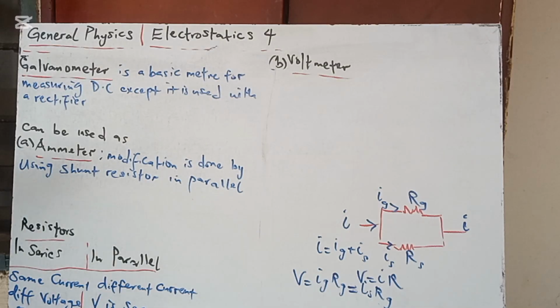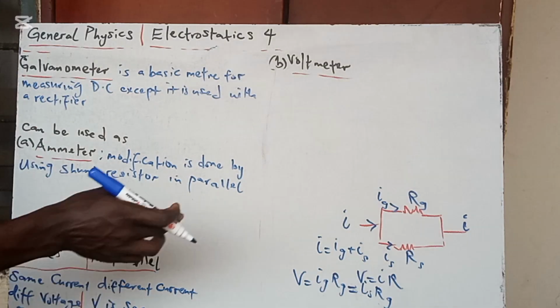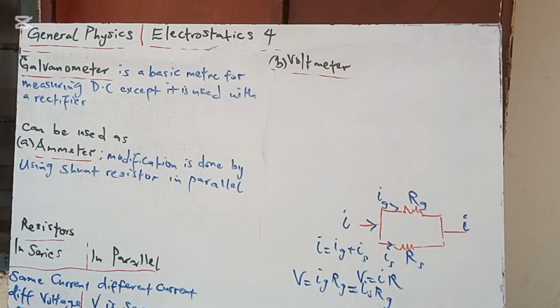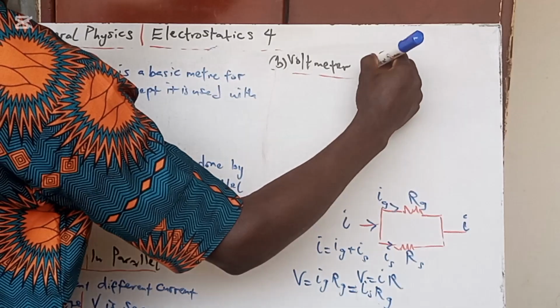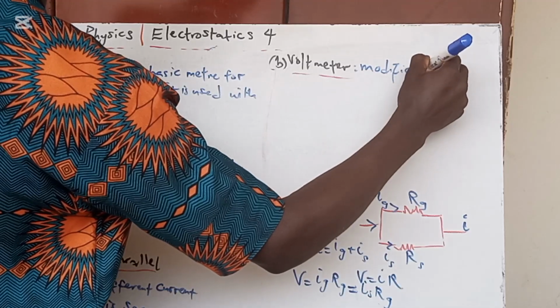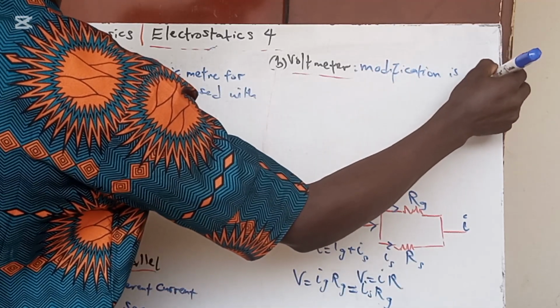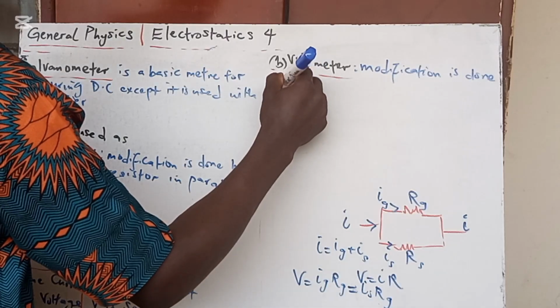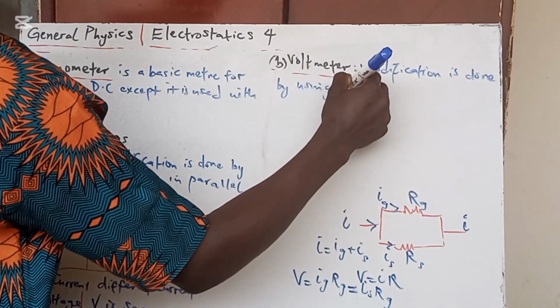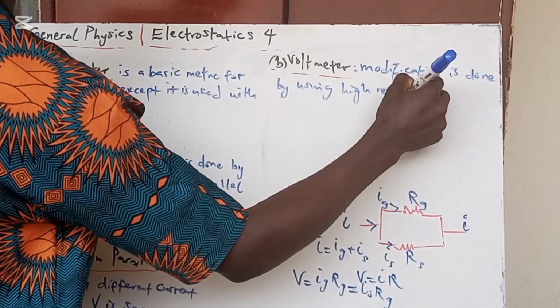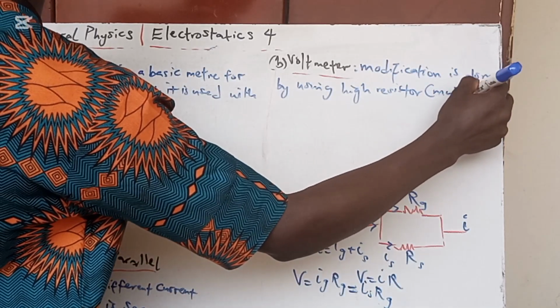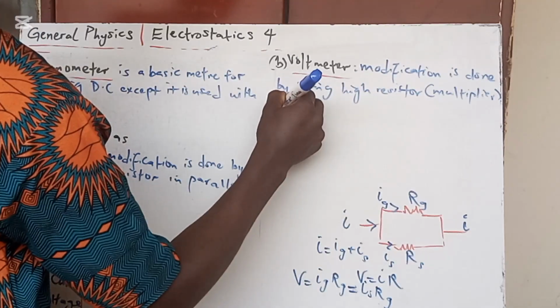So now we have done how the galvanometer can be used as an ammeter. Now, how can it be used as a voltmeter? We connect a high resistor in series. Modification is done by using a high resistor, called a multiplier, in series.